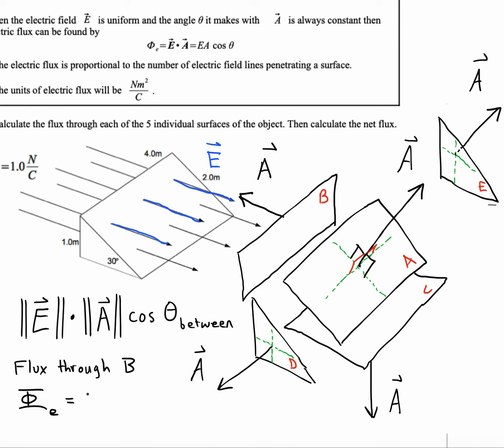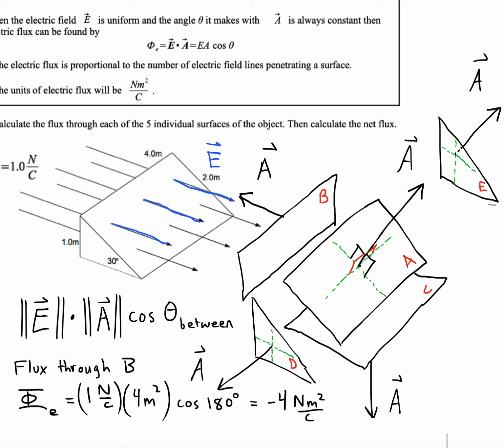And we want to just multiply the magnitude of the field times the area of the surface, which we can calculate here as 1 times 4 meters. So it's 4 meters squared. And we need a cosine of 180. This gives us a flux of -4 Newton meters squared per coulomb, and those are the units of flux.